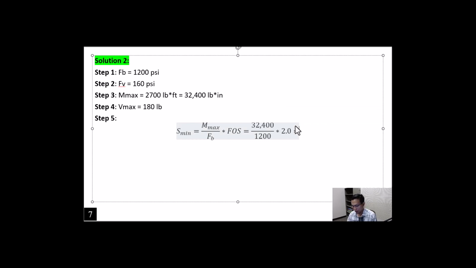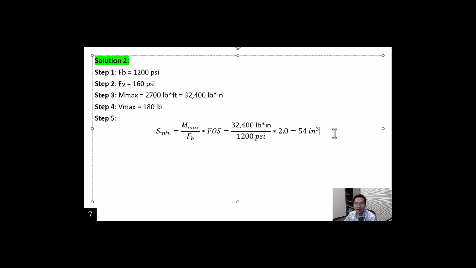Then we have 54 inch to the power of 3. The unit here is inch cubed, and FB is in psi.